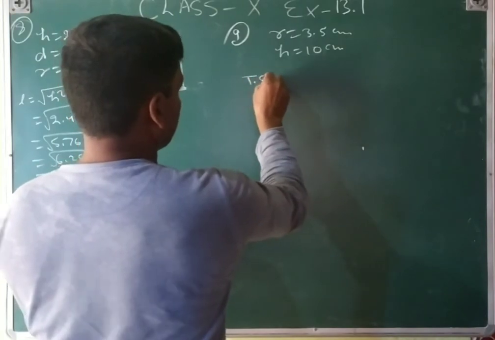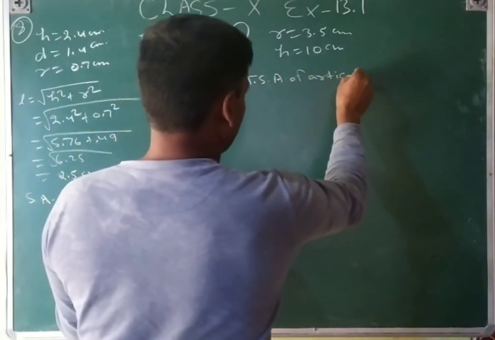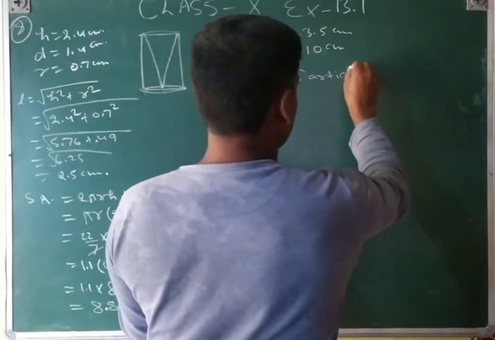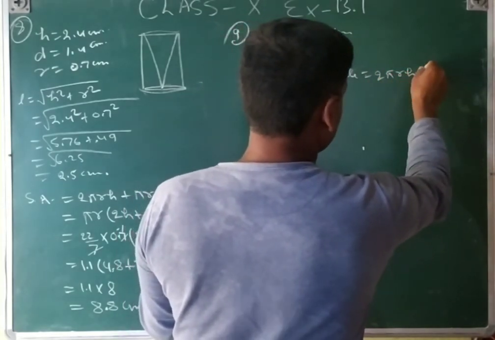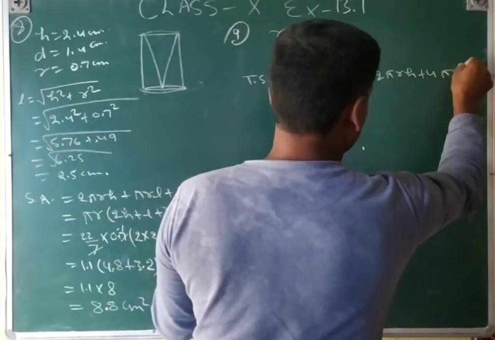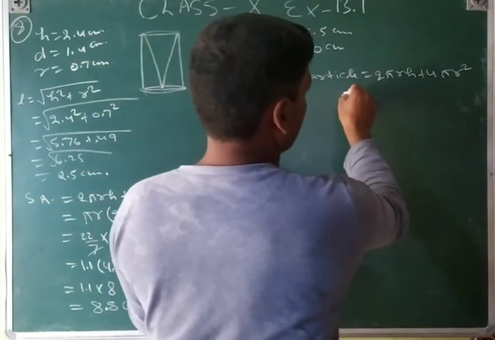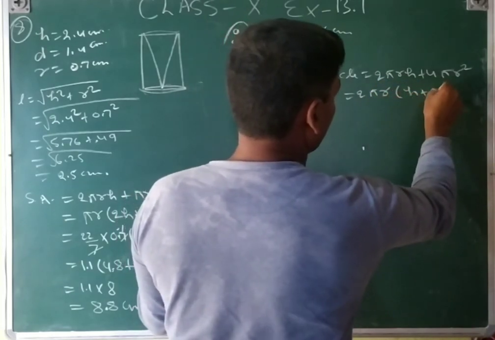So total surface area of the article is equal to 2 pi r h plus 4 pi r square, because two hemispheres make a sphere. So 2 pi r is common, so h plus 2 r is left.